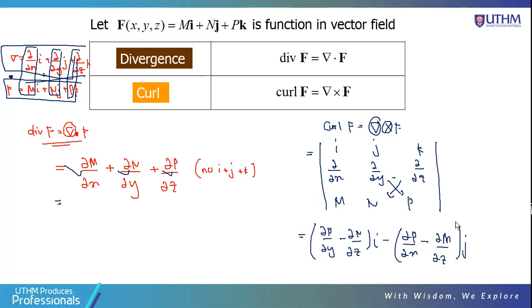And then plus for k: partial x of xz, minus partial y of xy, this one is for k. So you solve and then you get the answer. If you are familiar with this operation, you can directly work it out mentally and then get the answer.